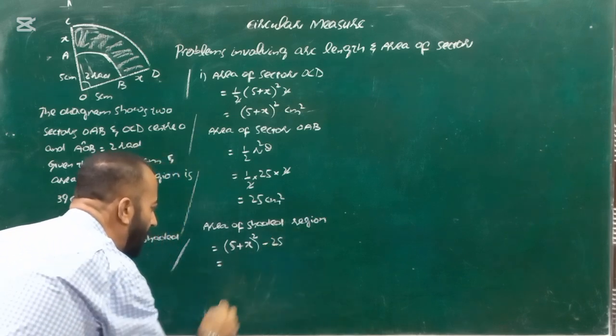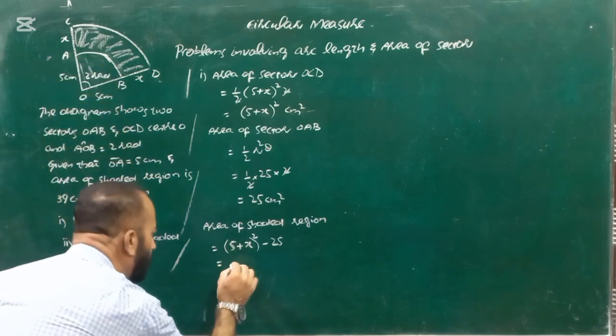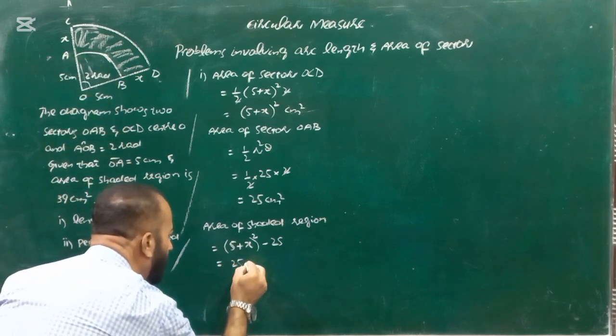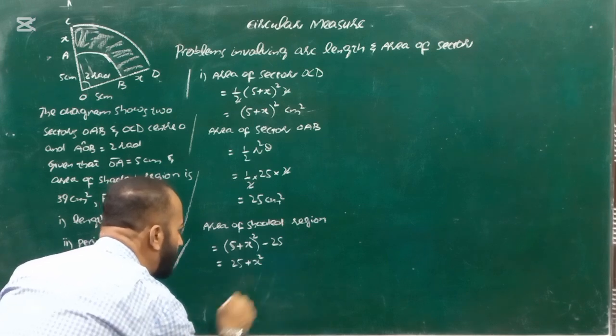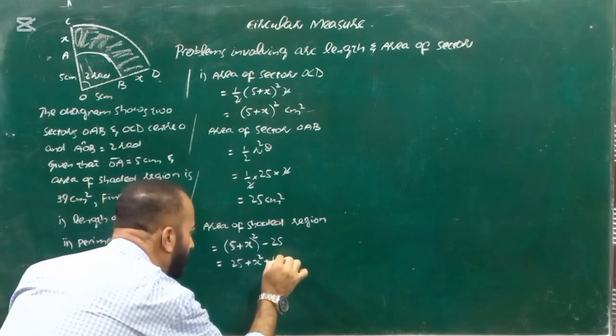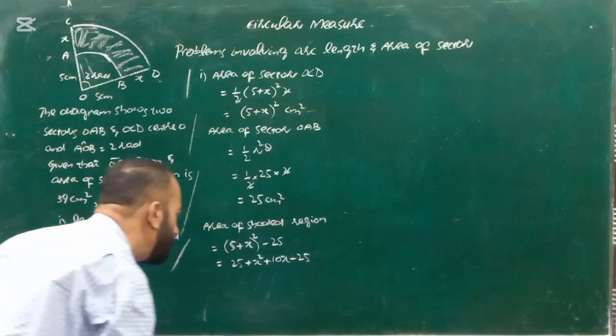Okay, now this bracket will be opened by applying the formula of a plus b whole square. So look now, 25 plus x square plus 10x minus 25 will remain as it is.